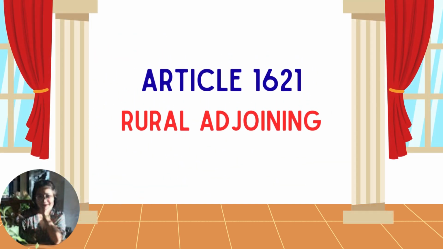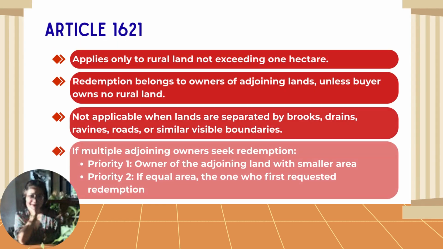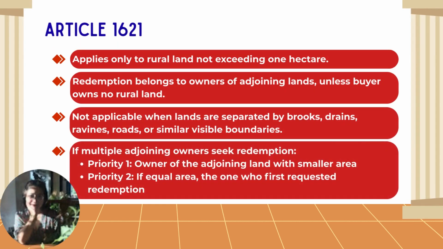Article 1621, Rural Adjoining. The owners of adjoining lands can also exercise the right of redemption under specific conditions designed to promote agricultural efficiency. So the land sold must be rural land and its area must not exceed 1 hectare. So this right is not applicable if the buyer does not own any other rural land.